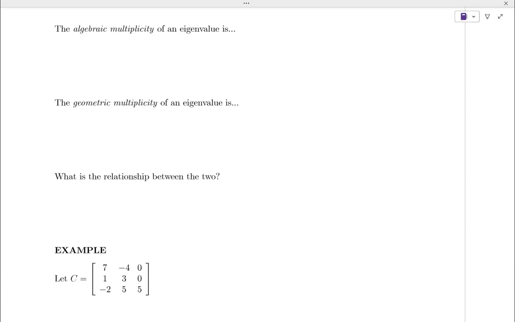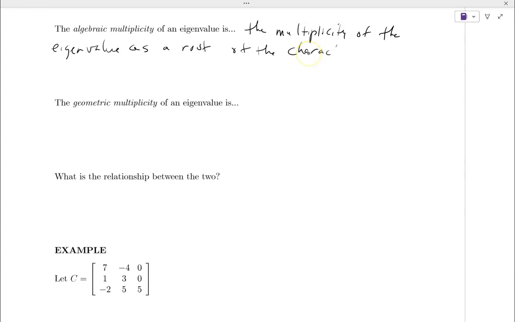Algebraic multiplicity is the multiplicity of the eigenvalue as a root of the characteristic polynomial.